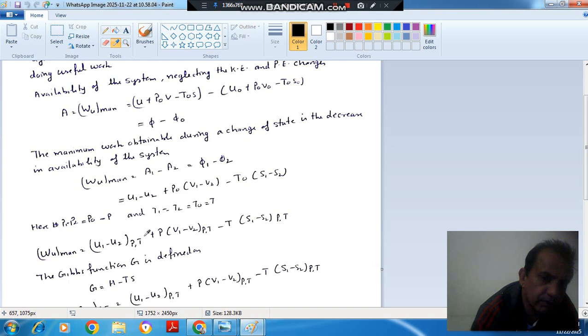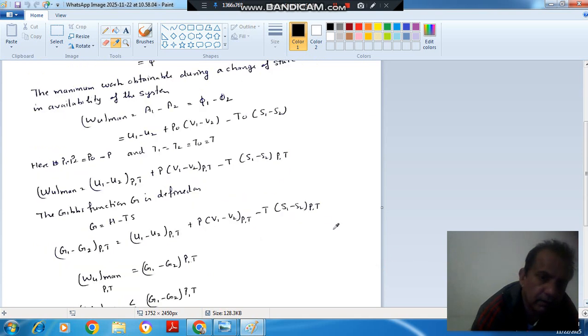So now this U plus PV is your enthalpy. So this can also be written as difference of Gibbs function. So Gibbs function is H minus TS, and here we have U1 plus PV1, which is H1, so H minus TS1, which is the difference of Gibbs function.